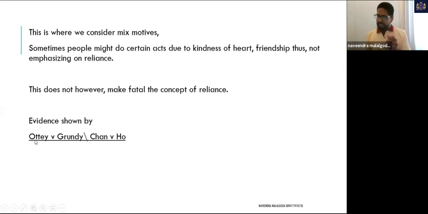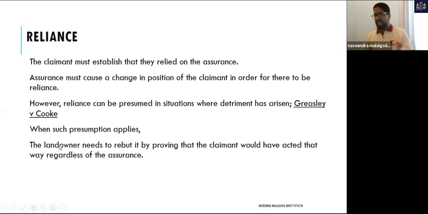So a little bit of a different idea of the concept of reliance from the general idea that we just learned a few seconds ago. All right.